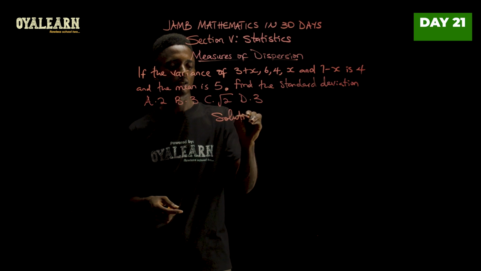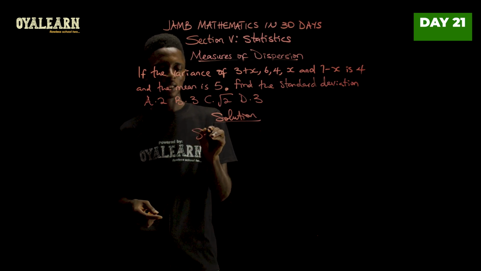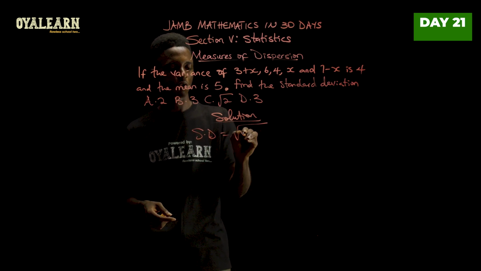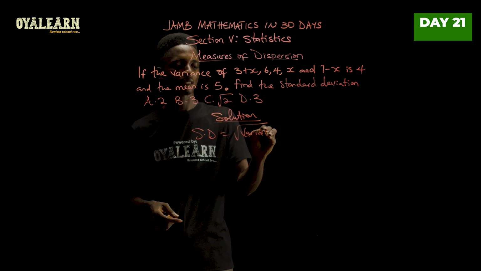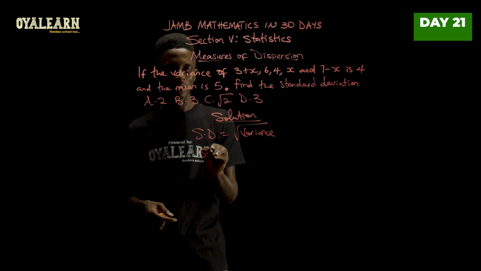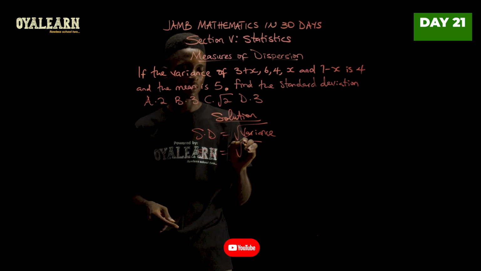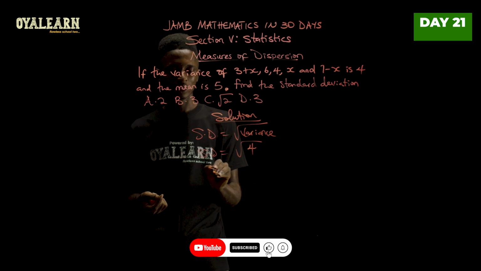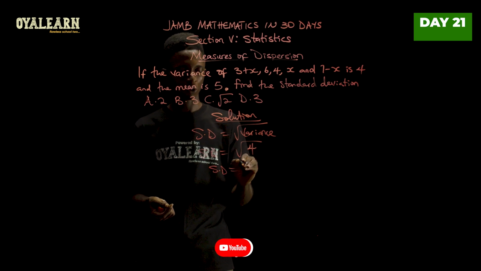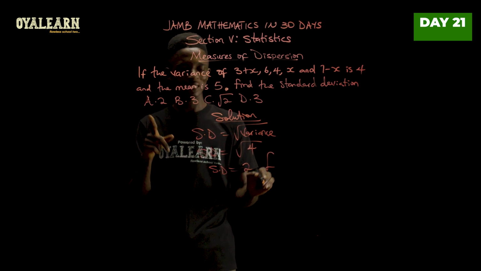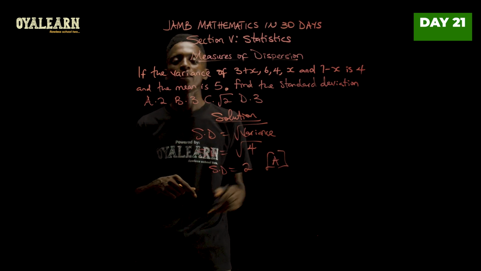So in our solution, we say standard deviation equals square root of variance, and the variance is given to us as 4. So standard deviation equals square root of 4, which will give us 2. So our answer is option A.